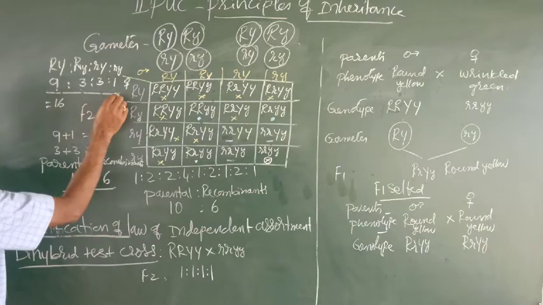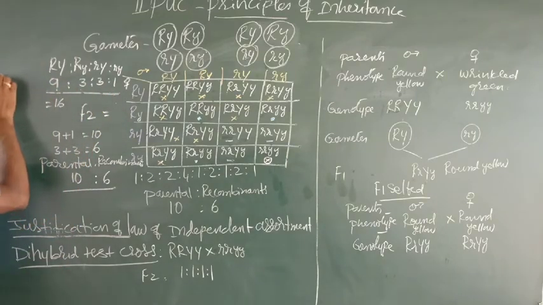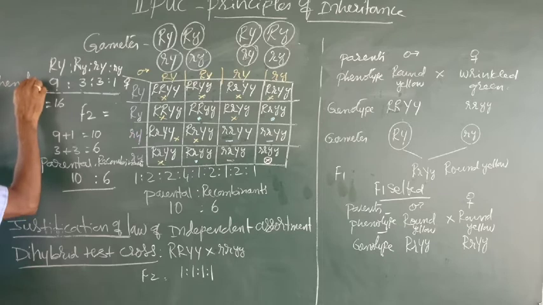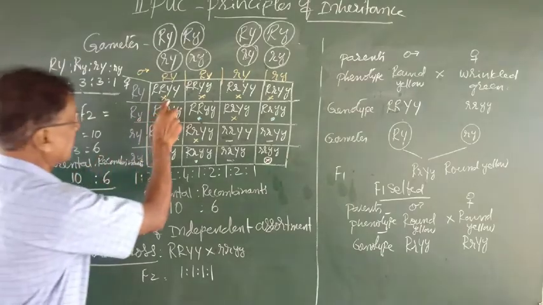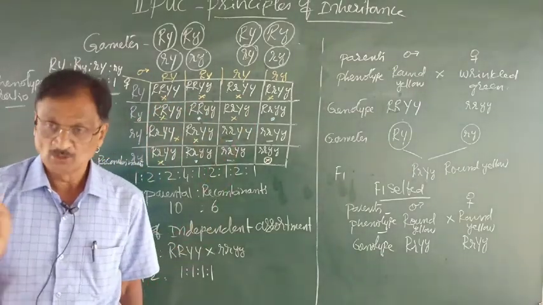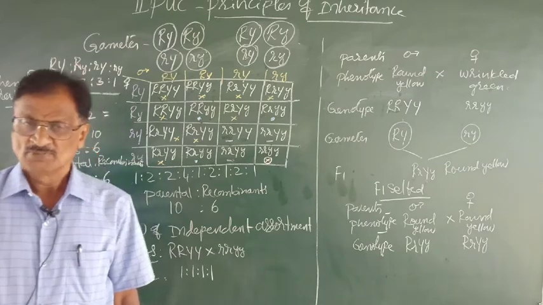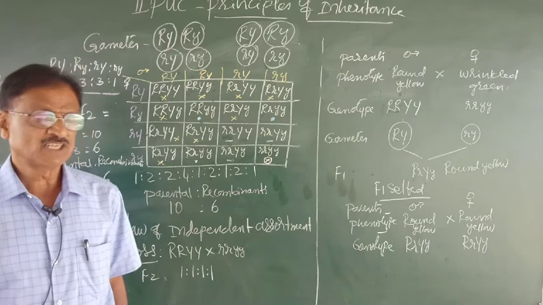And what is this ratio? This ratio is nothing but the phenotypic ratio. Phenotypic, not genotypic. Because observe, all these 9 individuals are nothing but round yellow. But do they possess the same type of genotype?